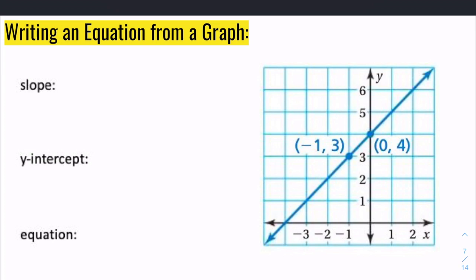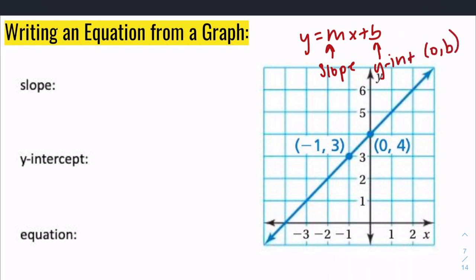So again, the format is y equals mx plus b, where m is the slope, b is the part of the y-intercept, which is 0, b. So if I'm looking at this graph, I have to determine the slope and the y-intercept, and then I will be able to plug those in to an equation in slope-intercept form. Okay, I have to identify m and b. Those are things I can only find from the graph.